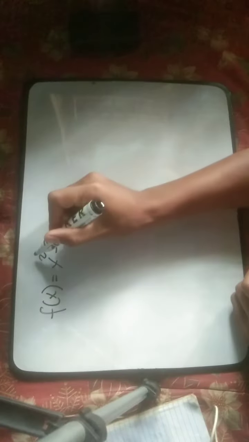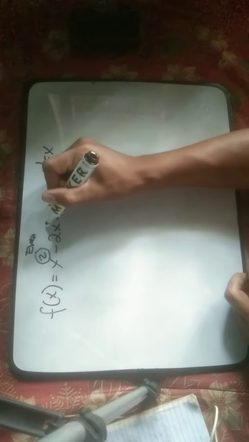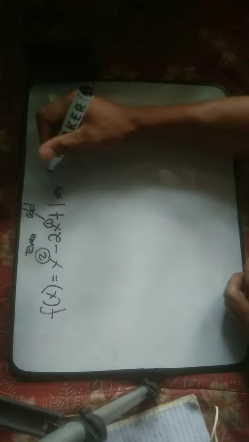How about this example? If we look at the exponents, x squared has 2, which is an even number, and x is equal to x raised to the power of 1, where 1 is an odd number. So therefore this function is neither.